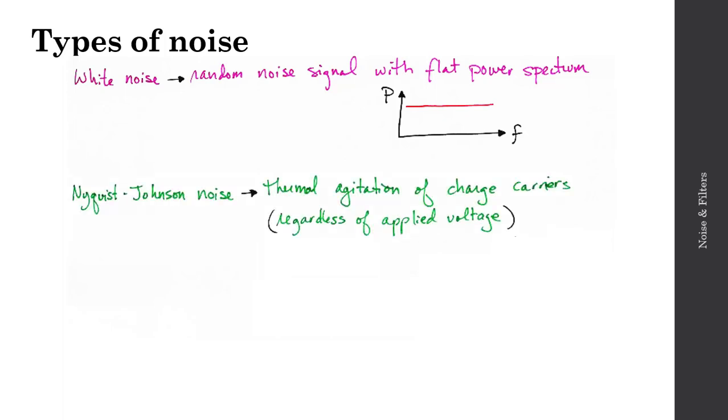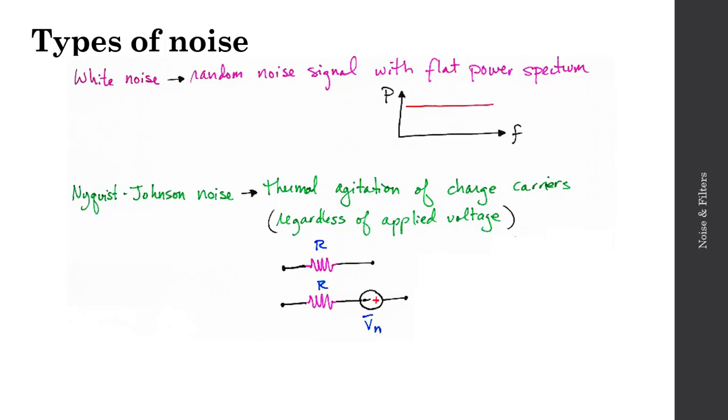Nyquist-Johnson noise also tends to manifest itself in various sensor circuits. So Nyquist-Johnson noise, this is a result of thermal agitation of charge carriers. And this type of noise, it's a thermal agitation that's regardless of the applied voltage to the circuit. A typical example of Nyquist-Johnson noise, let's say I have a resistive sensor. I could consider that as a resistor in series with a voltage source, where this will be V sub n bar, denoting sort of the average noise.